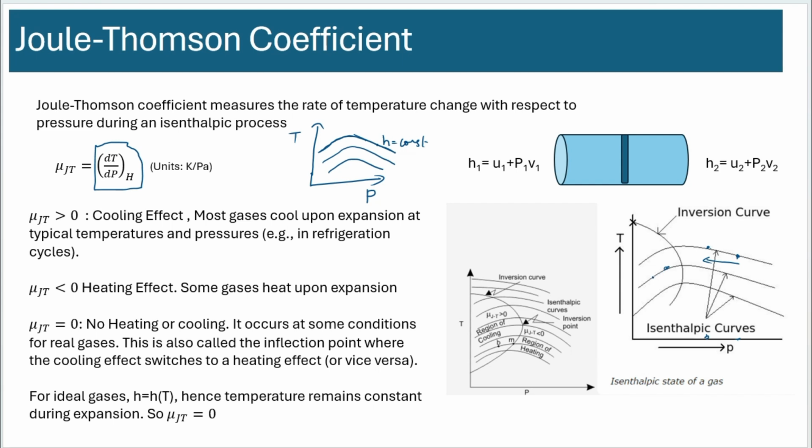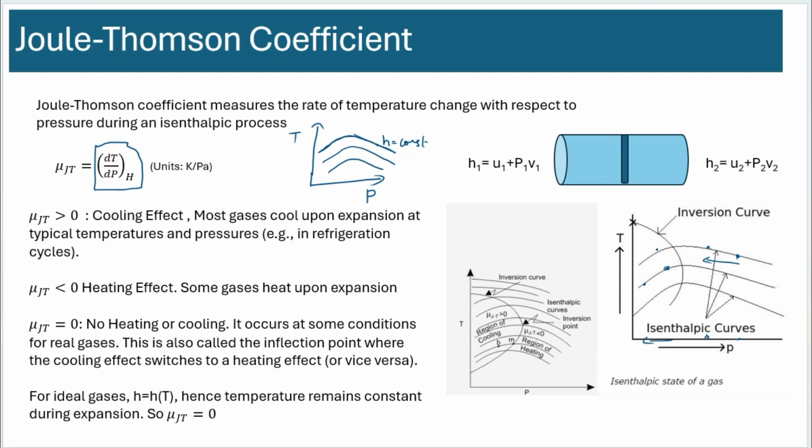If you drop in pressure from here to here, your temperature actually will decrease. So depending on where you are on the isenthalpic curve, what your initial condition is, and how much pressure you're dropping, it will depend on that whether you will get any cooling or not.